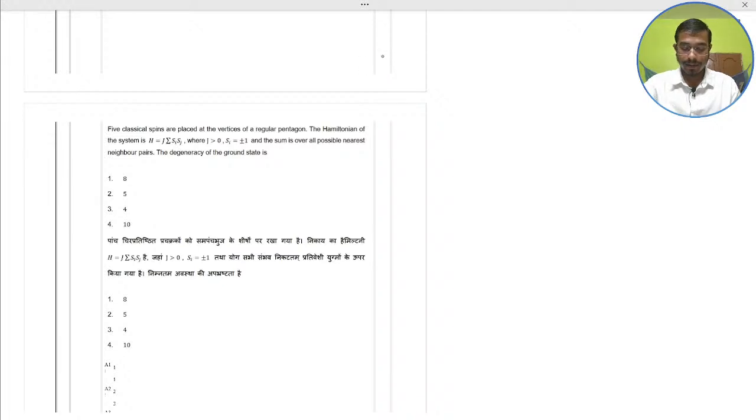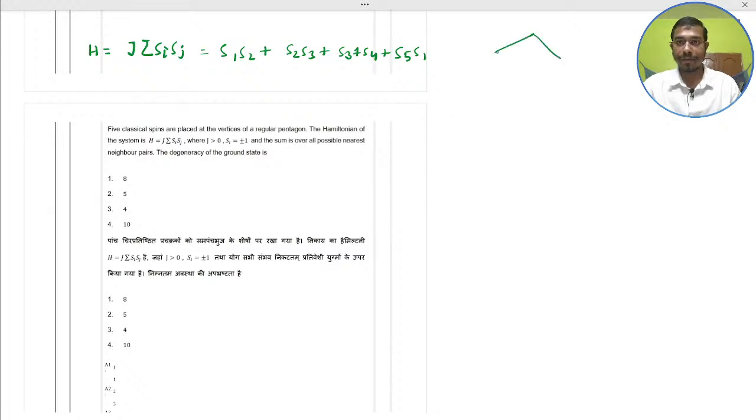Basically, it states that the Hamiltonian H is J summation Si Sj, that is S1 S2 plus S2 S3 plus S3 S4 plus S4 S5 plus S5 S1. This is the regular pentagon.